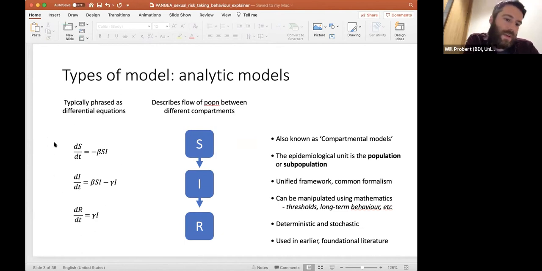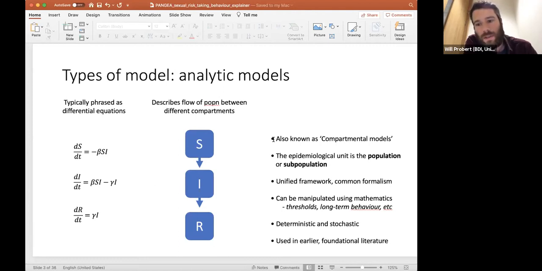This is the canonical, most straightforward analytic model, called the SIR model. It's three coupled equations that describe the flow of a population between different compartments. You have S, the susceptible individuals, I, the infected individuals, and R, the removed individuals. This is a very common model for modelling epidemics.